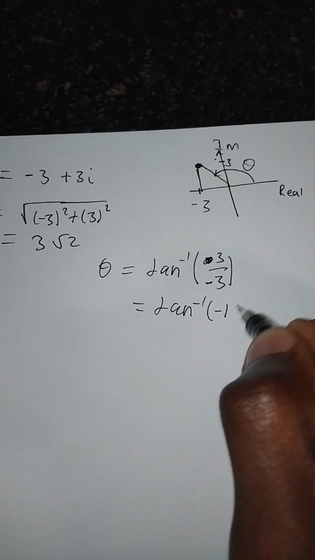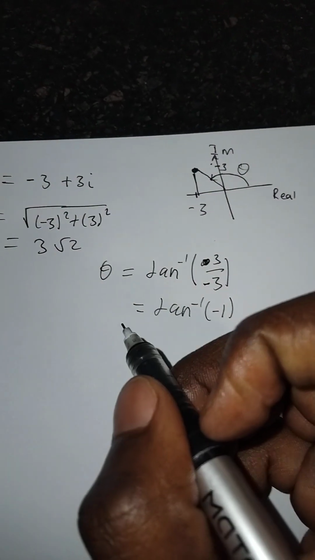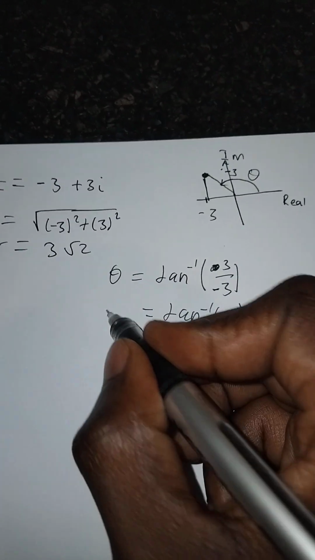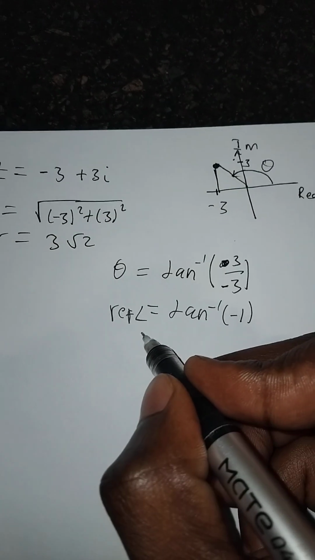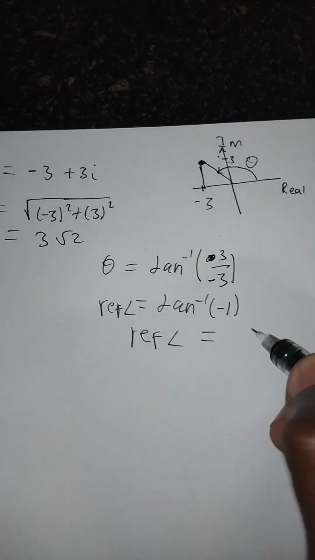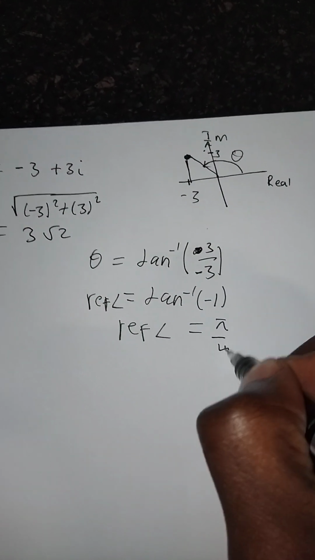So arctan of minus 1 is minus pi over 4. Okay, so if that is minus pi over 4, I'm going to take that as our reference angle. So this is actually not my theta, this is the reference angle. If I'm ignoring this negative inside there and take arctan of 1, it is basically going to be pi over 4.